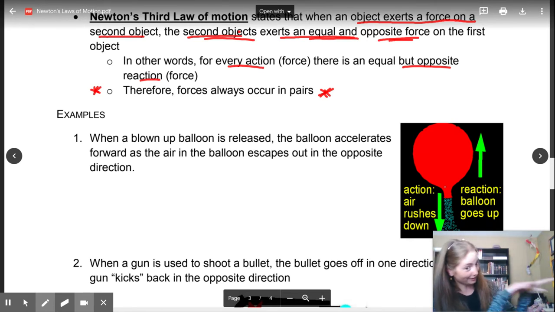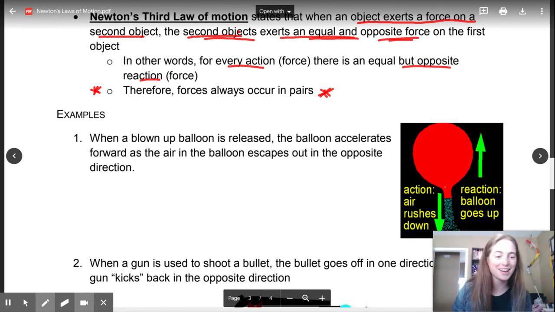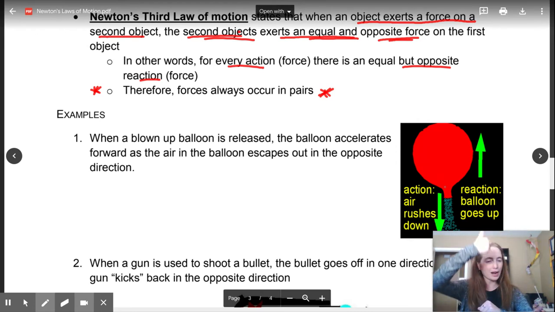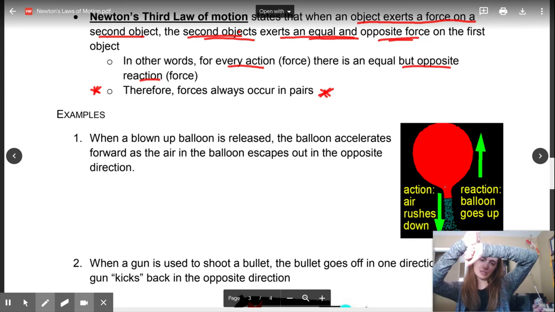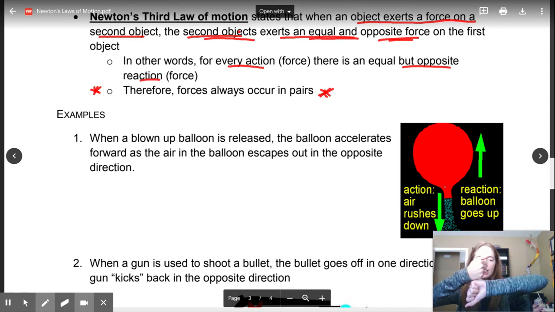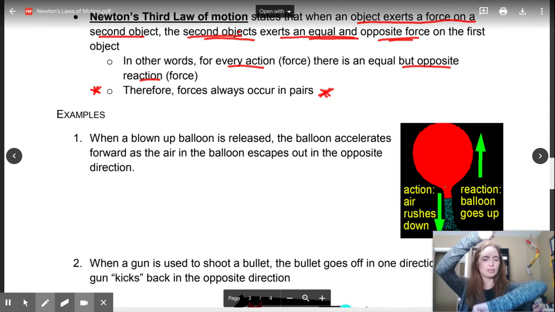The air is accelerating. You've got a net force acting on that air. Well, the balloon is going to be going in the opposite direction. So as the air is exerting a force this way, the balloon is going to experience a force this way.